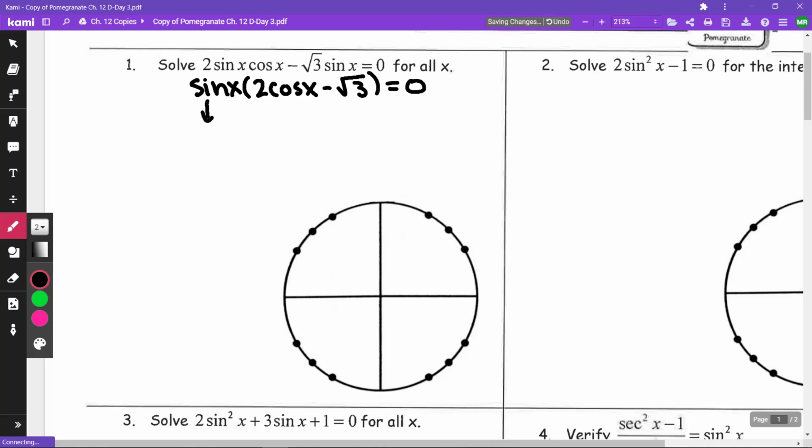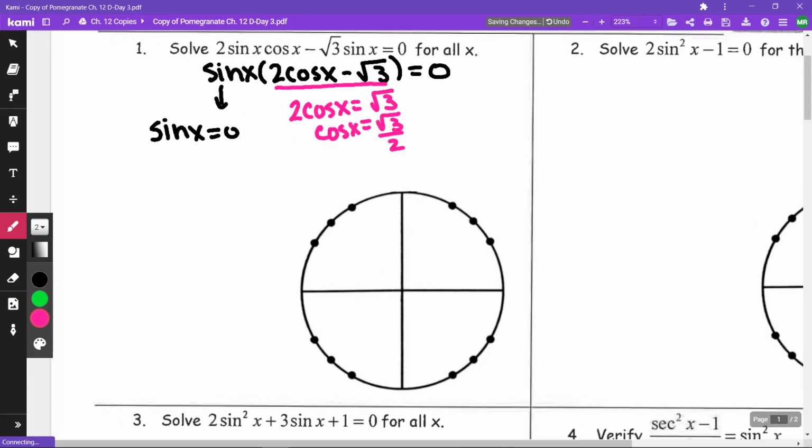So now either this is going to be 0, which would mean sine x is equal to 0, or this is going to be 0, which means that 2 cosine x would equal root 3, which means that cosine x would equal root 3 halves.